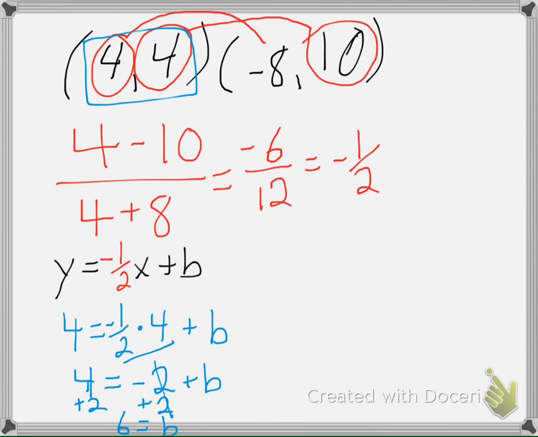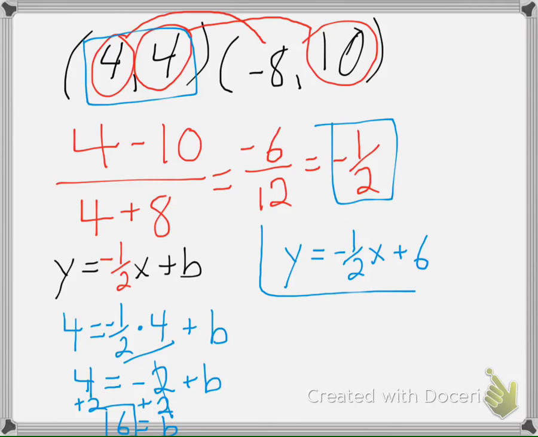So now I know that my slope is negative 1/2 and my y-intercept is 6. So my equation for my line looks like y equals the slope, negative 1/2 x, plus the y-intercept, 6. And this would be the equation for my line in slope-intercept form.